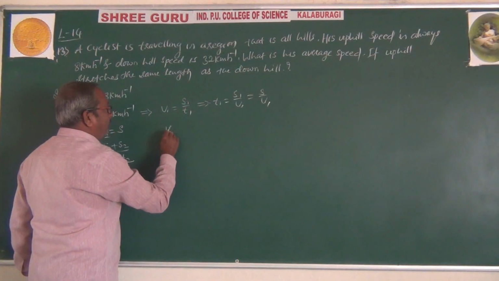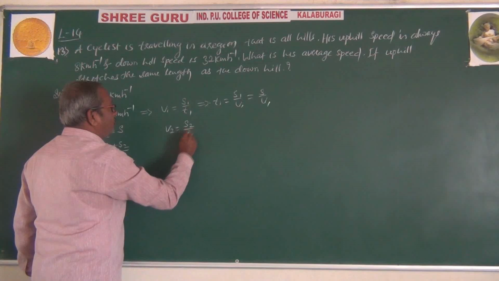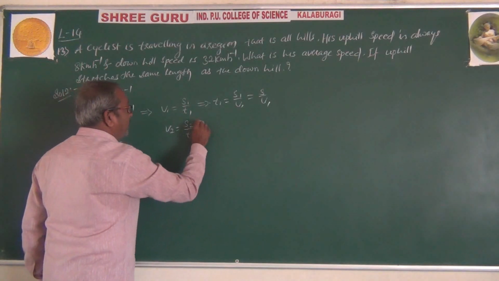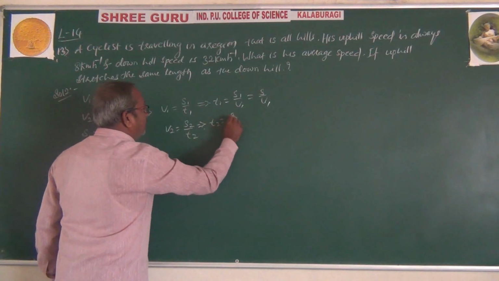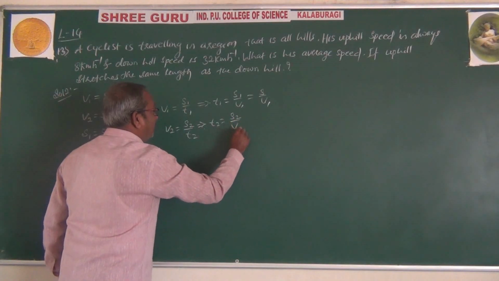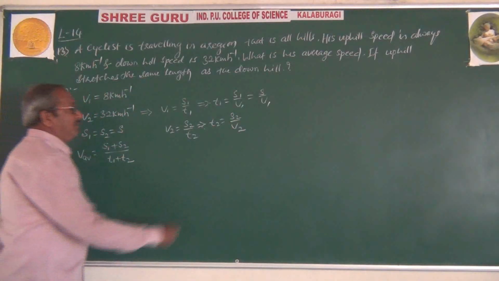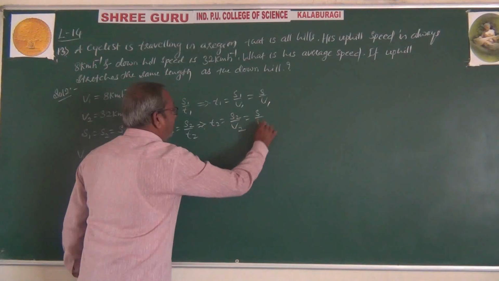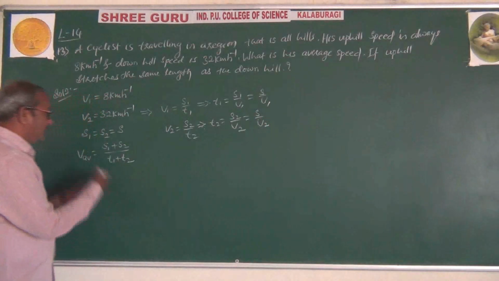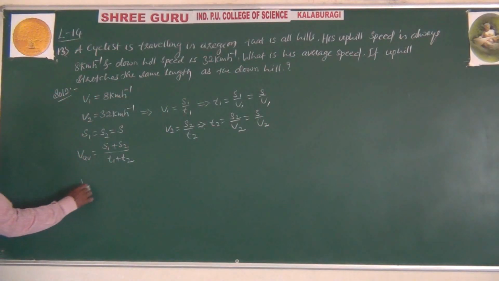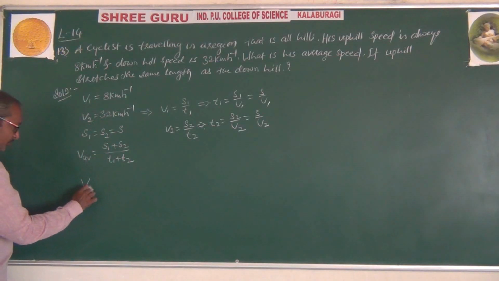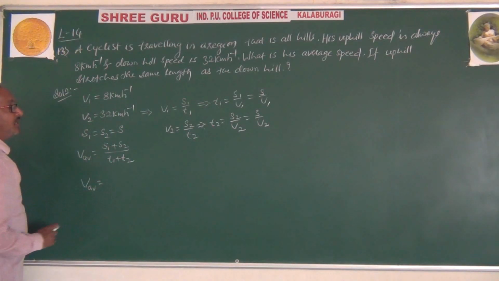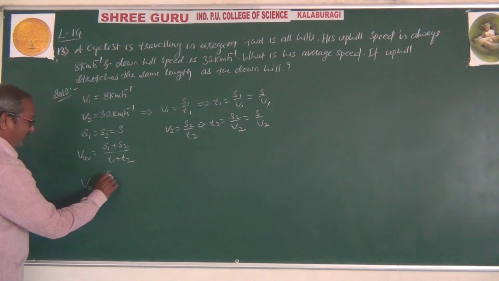Then similarly V2 equal to S2 by T2, this implies T2 equal to S2 by V2, otherwise S by V2. These values you have to substitute.